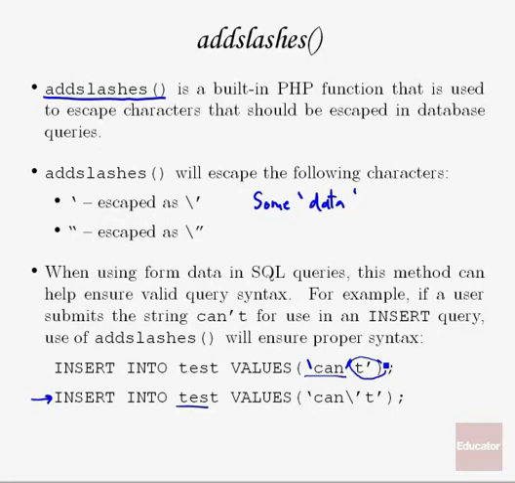So what you can do is pass your user input as a string into this addslashes function, and it's going to look for any single quotes and then double quotes as well and properly escape them with the backslash, replacing all of the single quotes with backslash single quote, and all of the double quotes with backslash double quote.